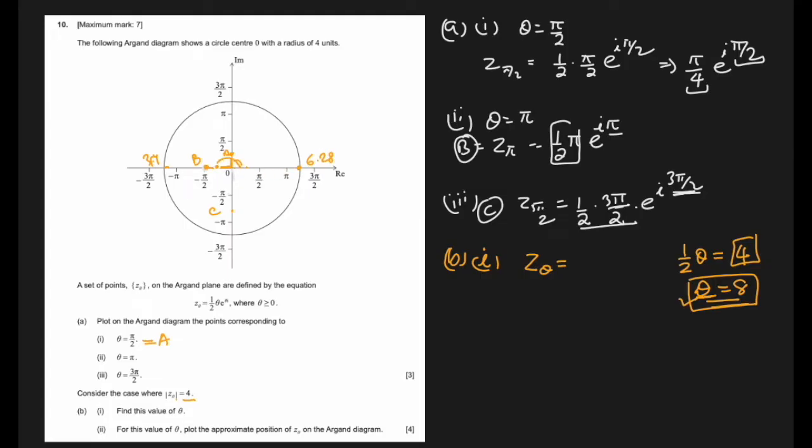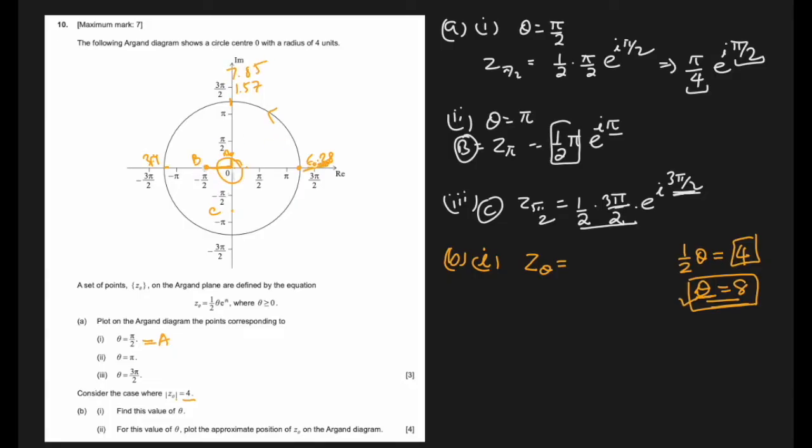I go from here, full circle, 2 pi is equal to 6.28. And this is 1.57 more than 6.28, which comes out to be 7.85. So it will be 7.85 here.